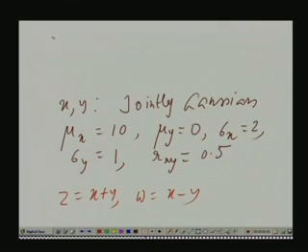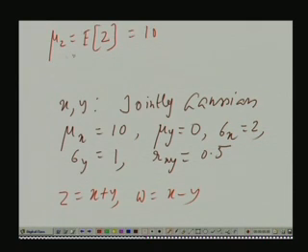So, what is mu z? That is E of z, which is nothing but E of x plus E of y. E of x is 10, E of y is 0, so this is 10.